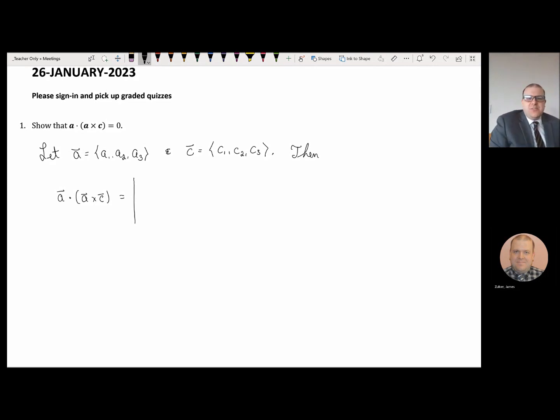When dealing with a triple scalar, first row is your first vector. Second row is your second vector. Third row is your third vector.